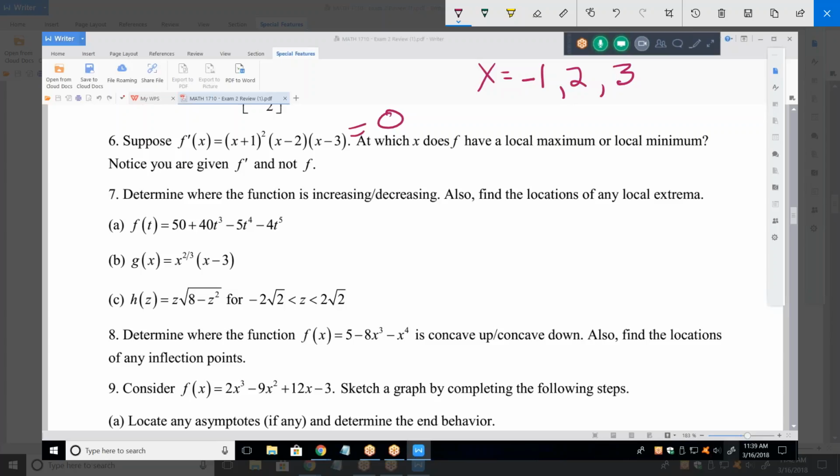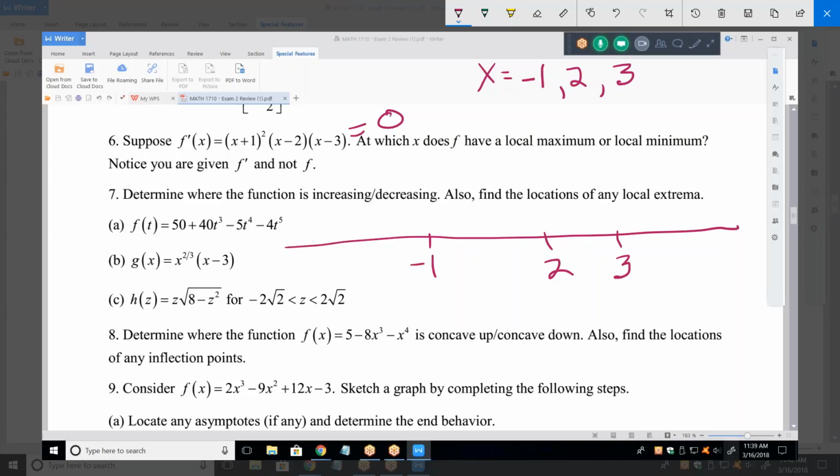I'm going to have to probably multiply those two together and then use the product rule, or else multiply them all together. It's going to be a hard second derivative to take. So the first derivative test probably is going to be the easiest one. And it's going to be relatively easy, because all I have to do is figure out what the slopes are doing right and left of each of these points.